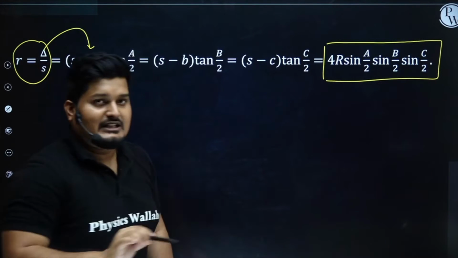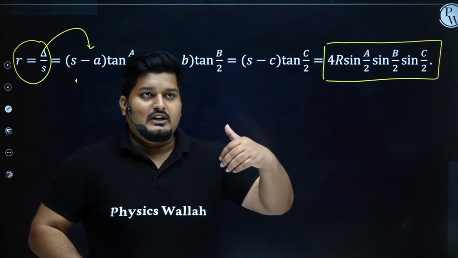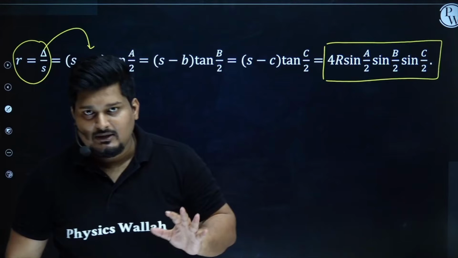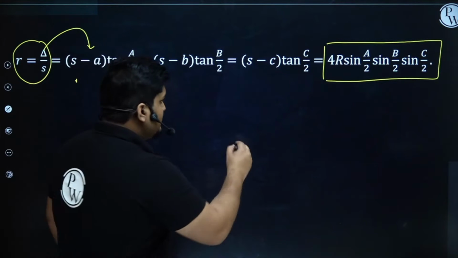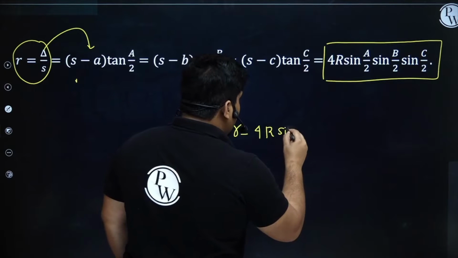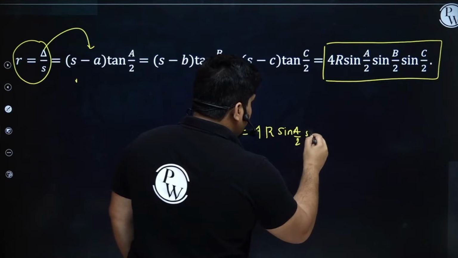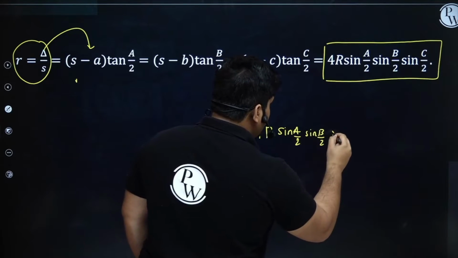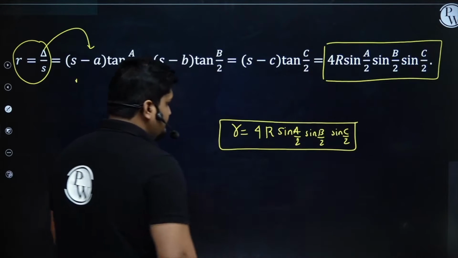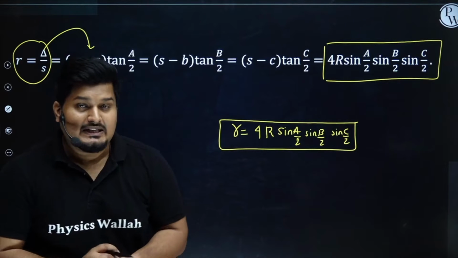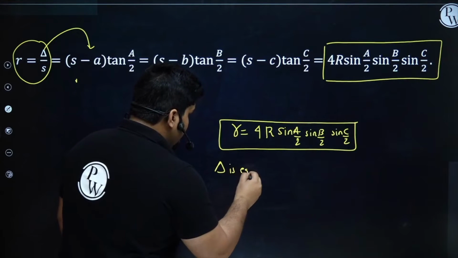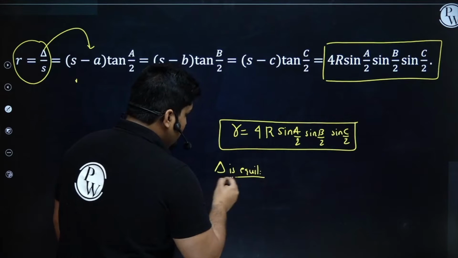This is the relation you have to remember, because in previous years they have asked about the relation between r and capital R. So this result is very important to remember: r is equal to 4R sin A by 2, sin B by 2, sin C by 2. Right? You have to remember it. One thing you can see, if the triangle is equilateral, in that case, what will happen?